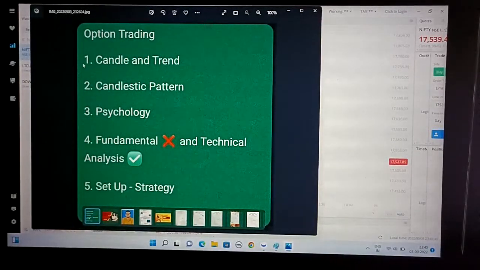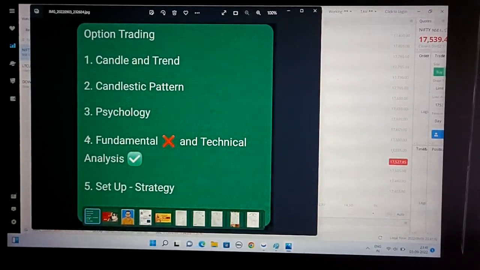First, I am going to cover this first video on candle and trend, then second, candlestick patterns, then psychology, then fundamental and technical analysis.